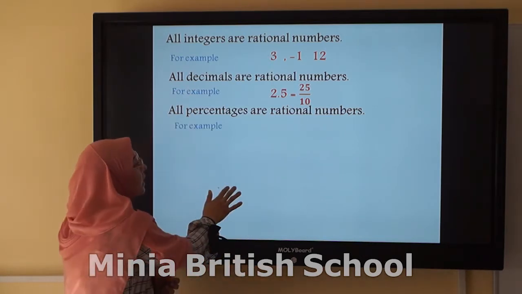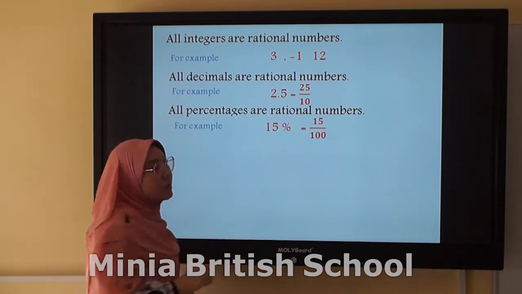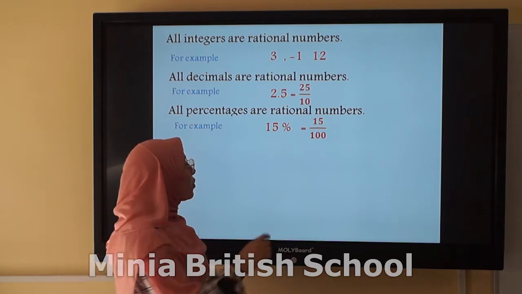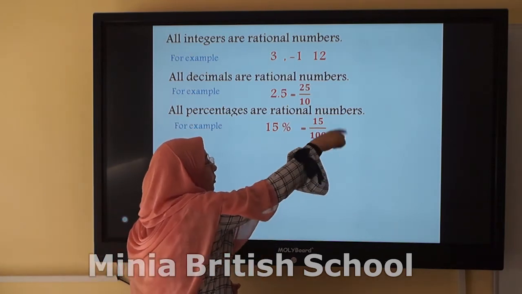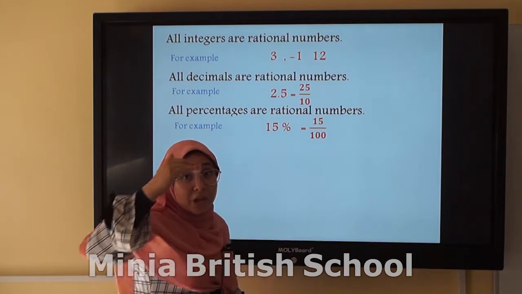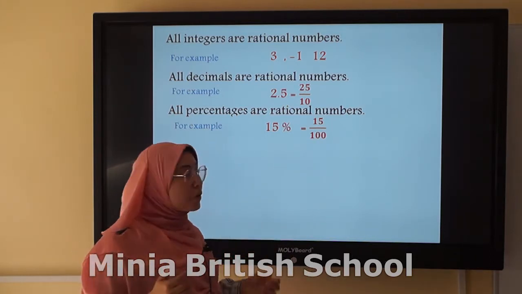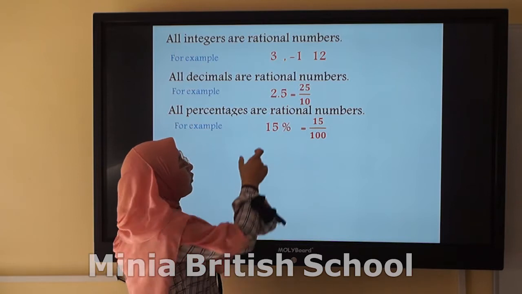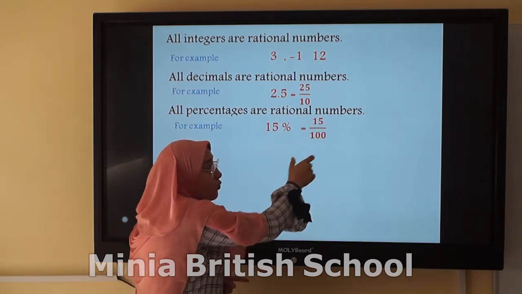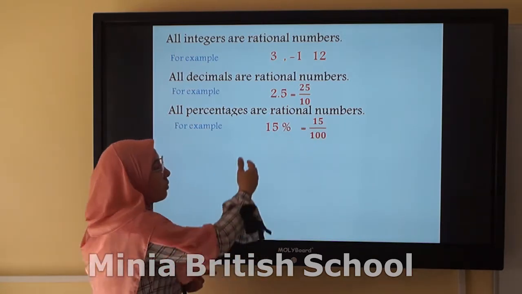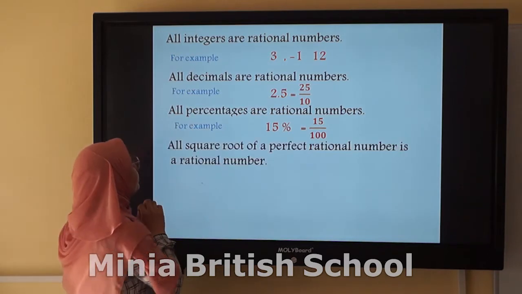For example, 15%. You can write it in the form A over B where the second term equals 100 because it's a percentage. So 15% equals 15 over 100, and you can simplify it.